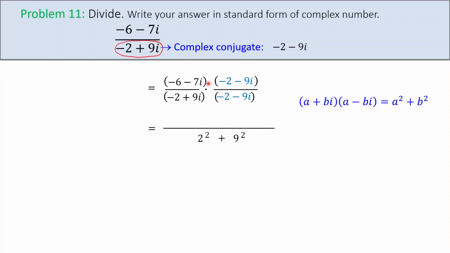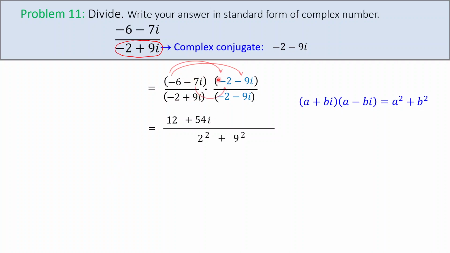Now here you need to multiply this and this. First to multiply this and this. Negative 6 times negative 2, positive 12. Now this and this. Negative 6 times negative 9 is positive 54 times i. Now this and this.